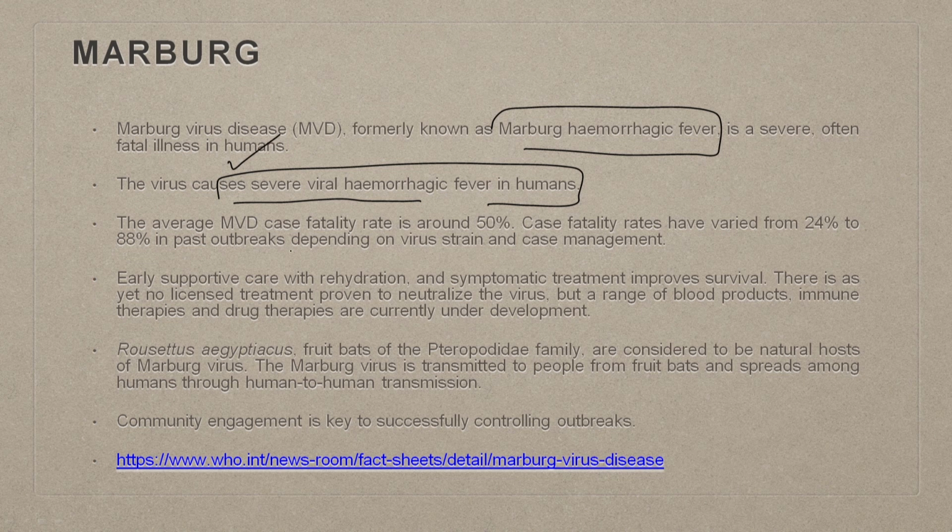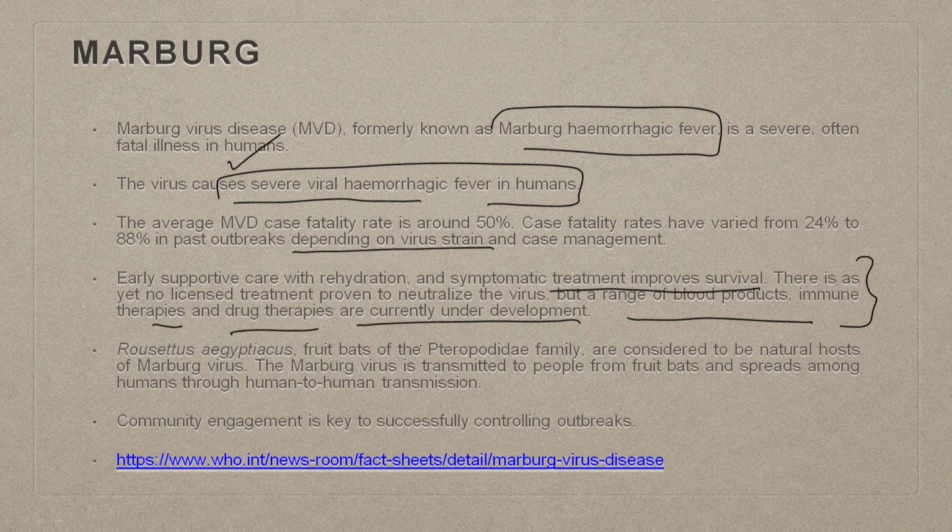The average MVD case fatality rate is around 50%. Early supportive care with rehydration and symptomatic treatment improves survival. There is also as yet no licensed treatment proven to neutralize the virus, but a range of blood products, immune therapies and drug therapies are currently under development.